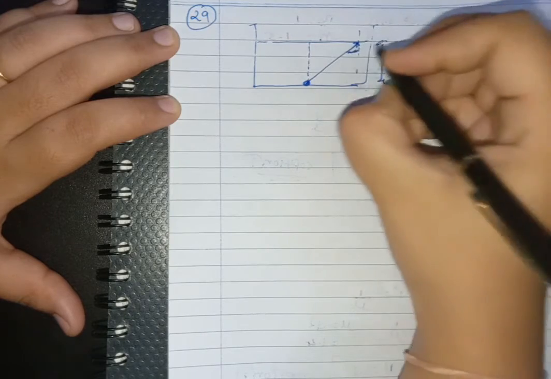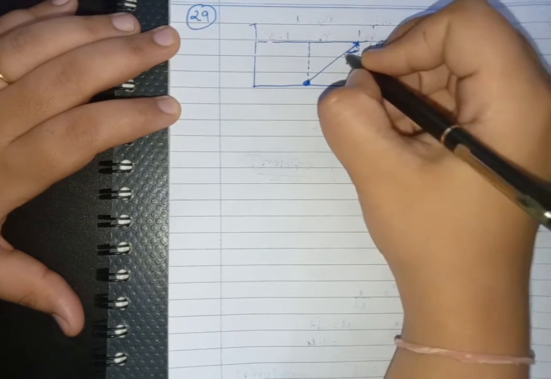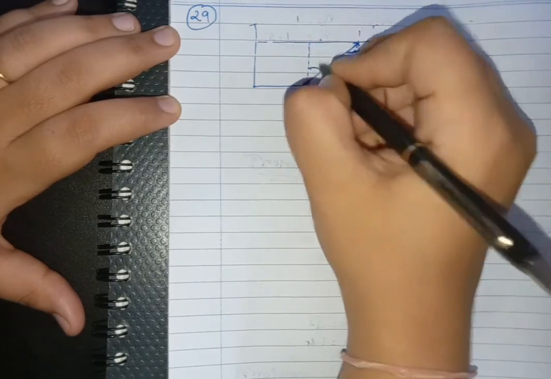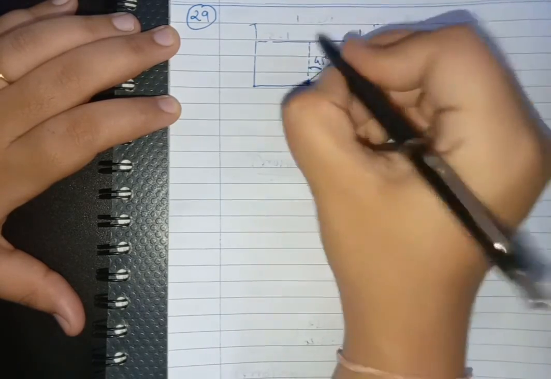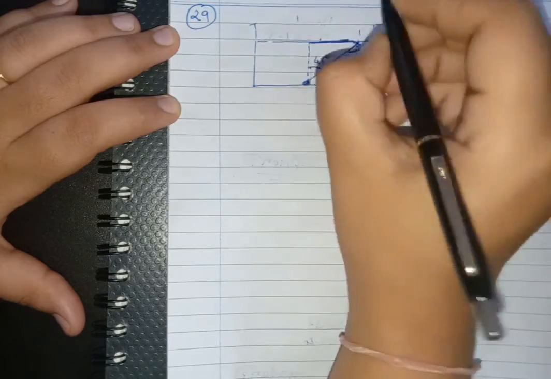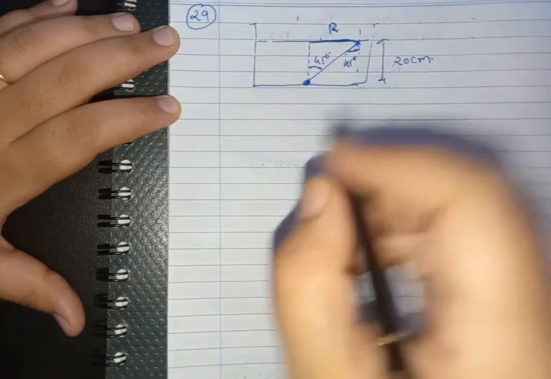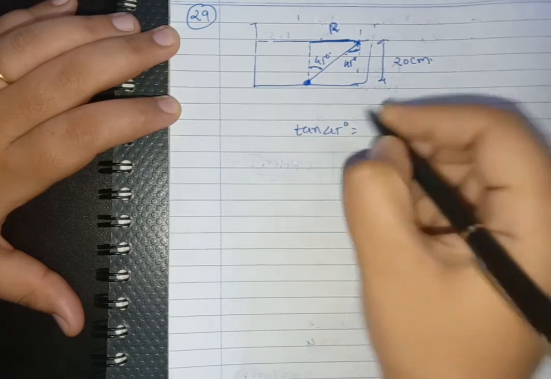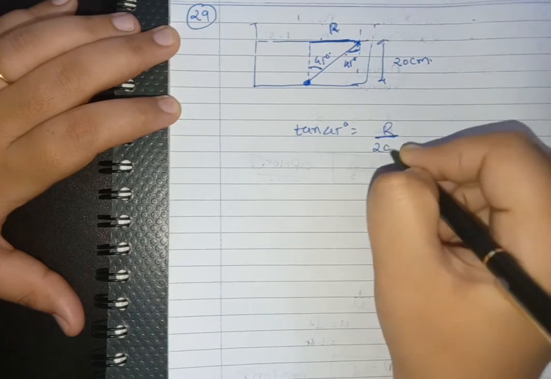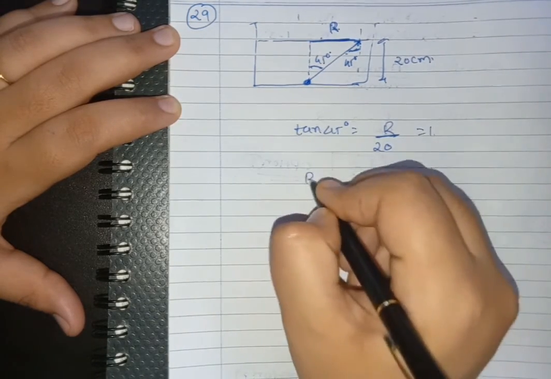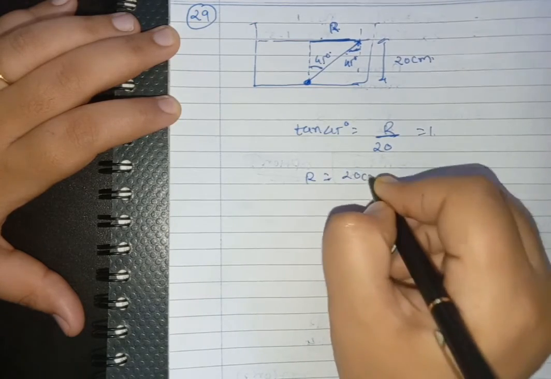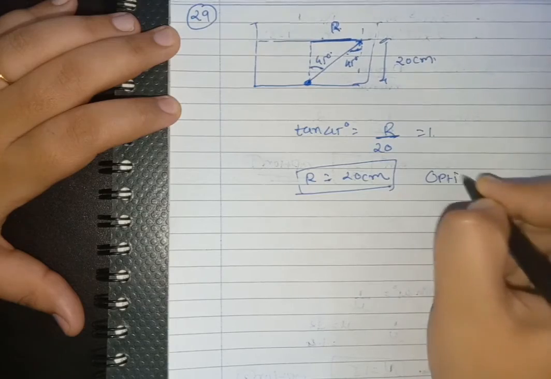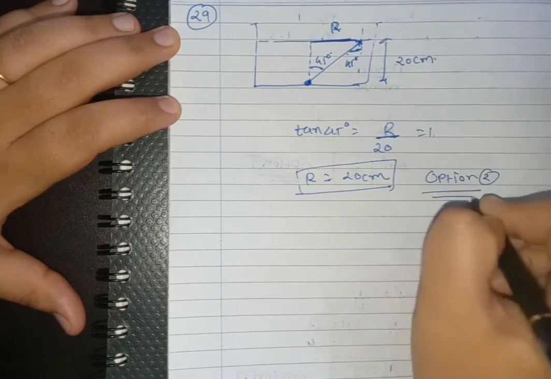Light ray will be incident at critical angle. Given critical angle is 45 degree. If this angle is 45, then this angle will also be 45 degree, and this will be the radius of the aperture. From this we can write tan 45 degree is equal to r divided by 20 is equal to 1. So r is equal to 20 centimeter. Option 2 is correct option.